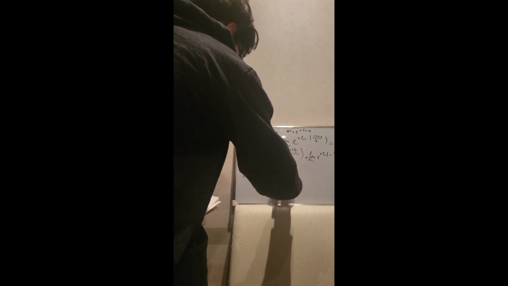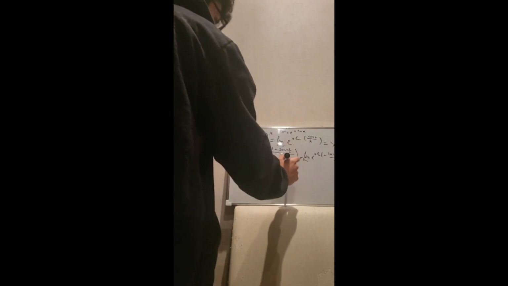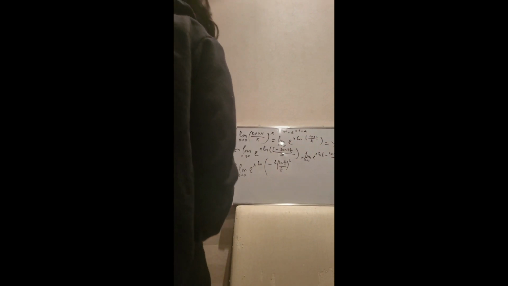So here we are going to have negative 2 sin x over 2, we will divide by x over 2, and it's going to be squared because here is square, and we are going to multiply x squared over 4. Then we are going to subtract 1 and divide by x. So our final version is like this.